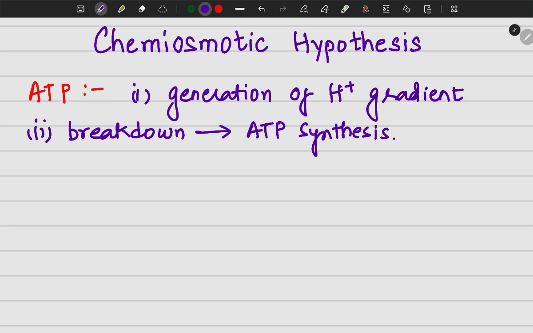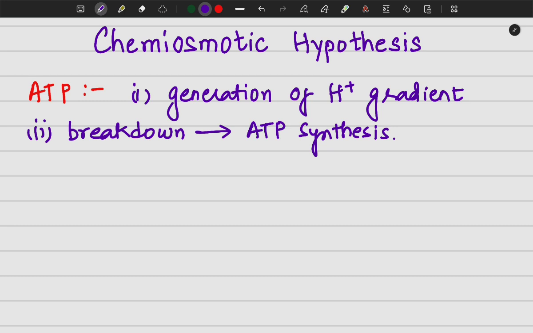So first of all, there will be creation of a proton or H plus gradient inside the lumen of thylakoid, and then there will be a breakdown of that proton gradient that will cause the production of ATP. So this is basically the chemiosmotic theory, which explains how the ATP production occurs.